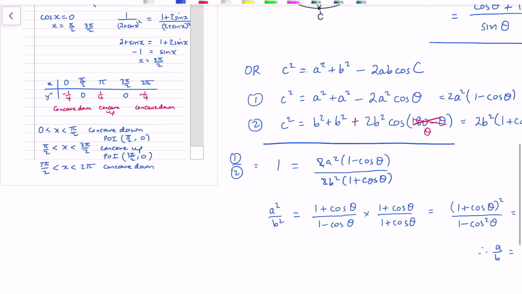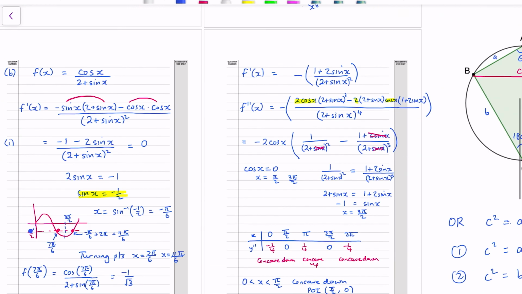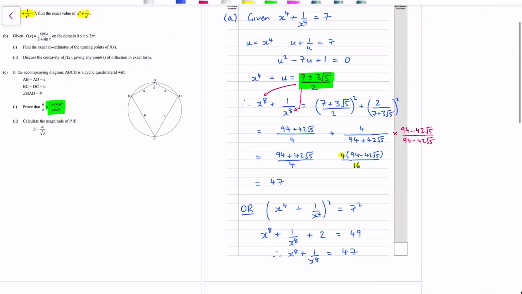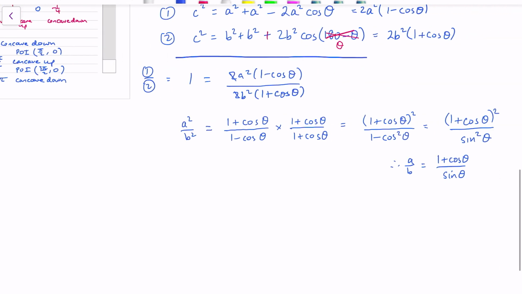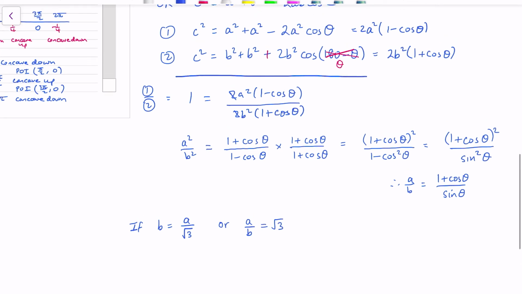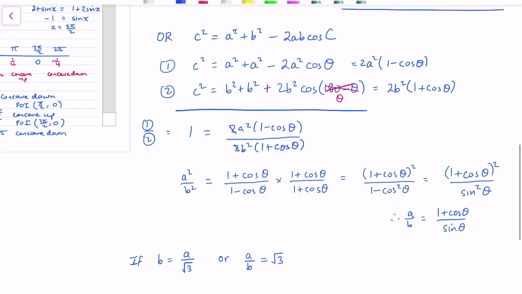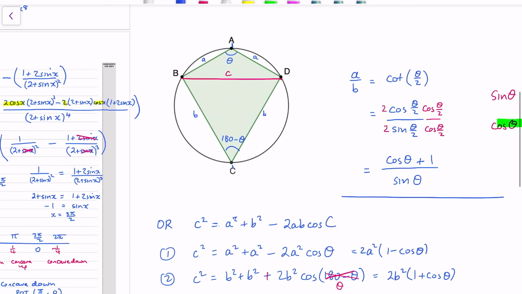Alrighty, now the last part of the thing says if b is equal to a over root 3. So if b equals a over root 3, or a over b is equal to root 3, then we use the equation that we've already proven.